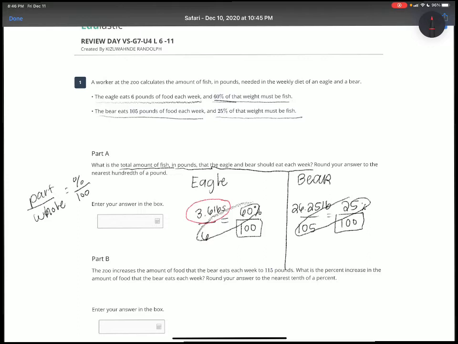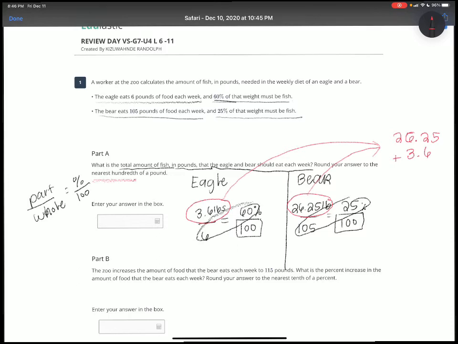So what I want to do with these totals, or the amount of fish they eat, is take these two and, can you guess? Add them together. You guys are geniuses. And they're telling us to round to the nearest hundredth of a pound.